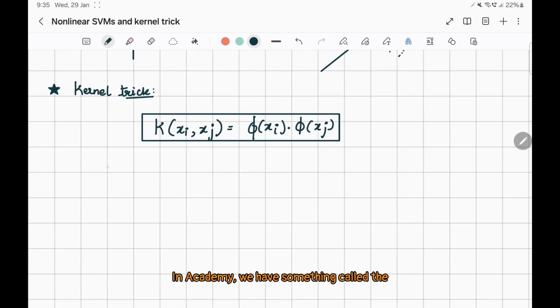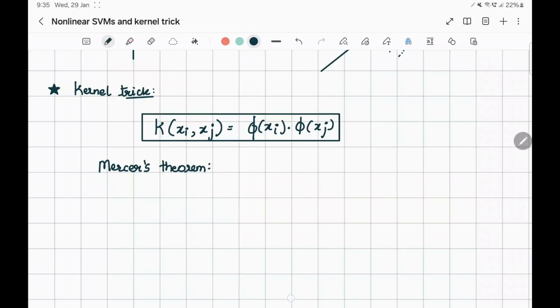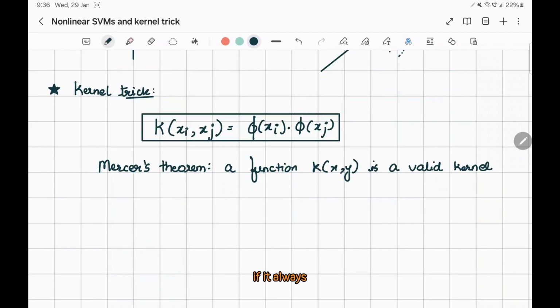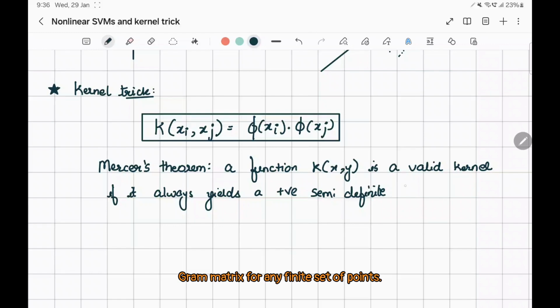In academia, we have something called Mercer's theorem, which says that a function k(x, y) is a valid kernel if it always produces a positive semi-definite Gram matrix for any finite set of points.